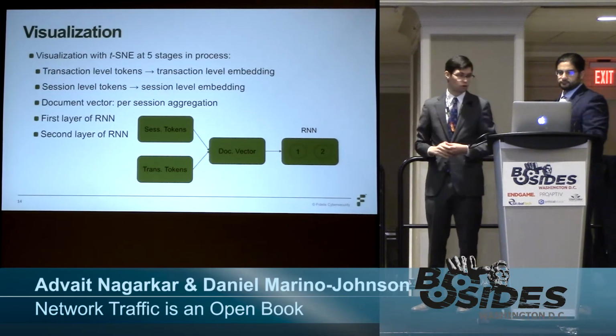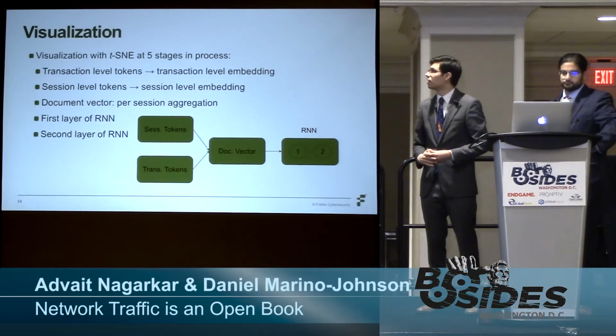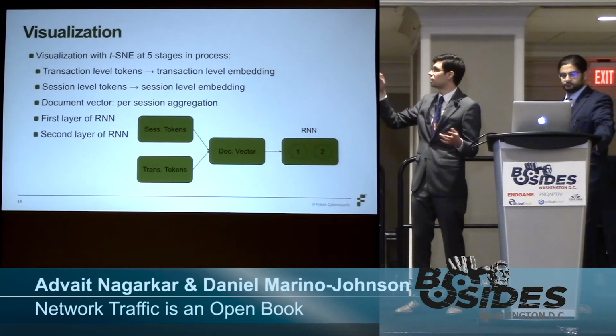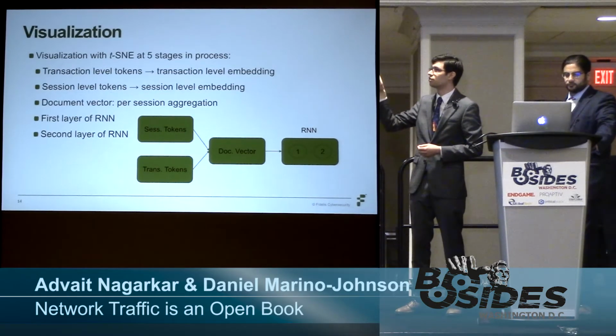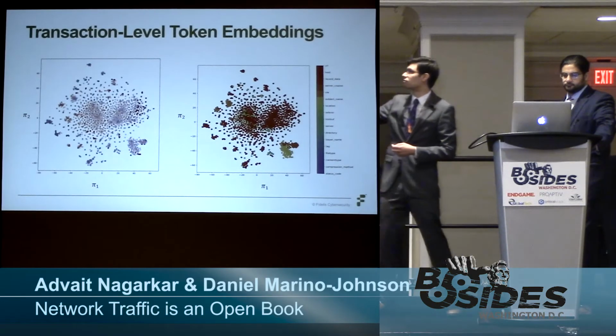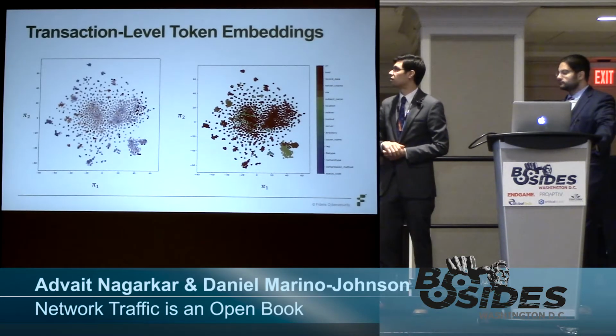Okay, so these are the transaction level token embeddings, and this is the same plot. If you look at the shapes, it's really the same plot, but we're actually looking at it across these 2 different dimensions of malicious and benign. So malicious is red, benign is blue on the left chart there.